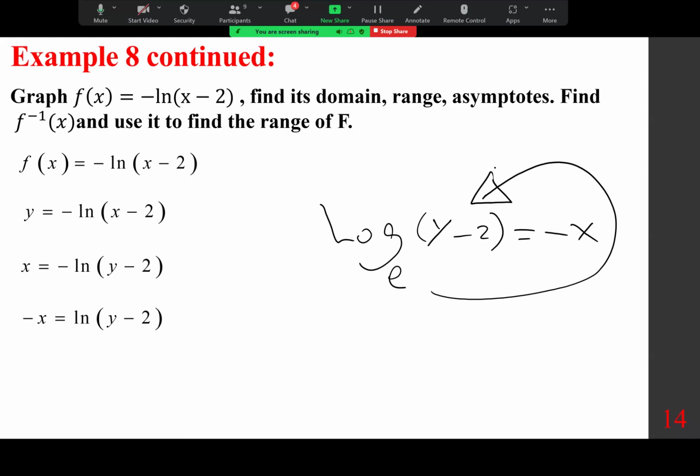So e to the power of minus x is y minus 2. If you rewrite again, you really should not keep it as log with base e. You should keep it as ln. But because we are starting, I just wanted to make sure you see that. And therefore, we get this one. I give it the name f inverse.